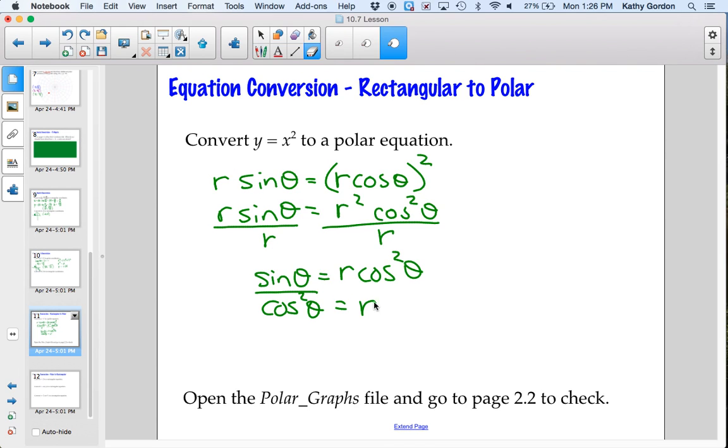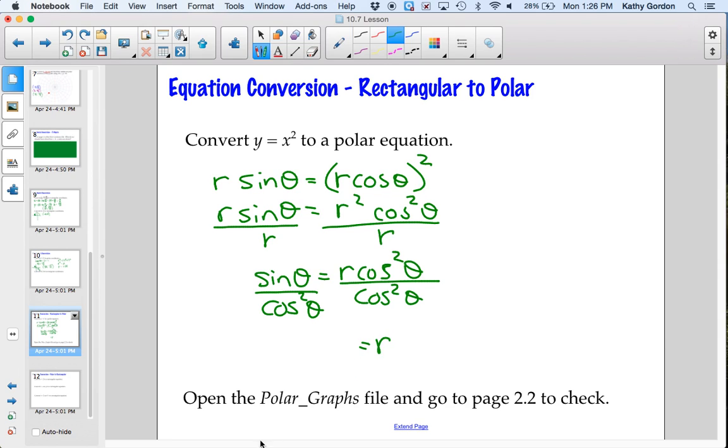That's not very good. Let me do that again. This was r cosine squared. So r is going to equal what? What's the most simplified way we could write that?